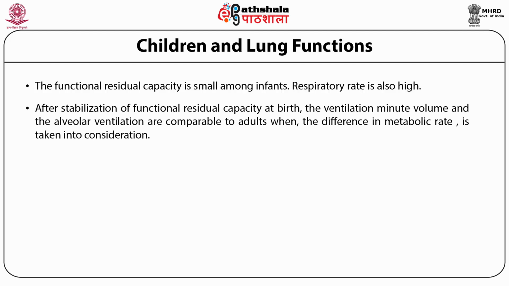After stabilization of the functional residual capacity at birth, the ventilation minute volume and the alveolar ventilation are comparable to the adults when the difference in metabolic rate is taken into consideration.